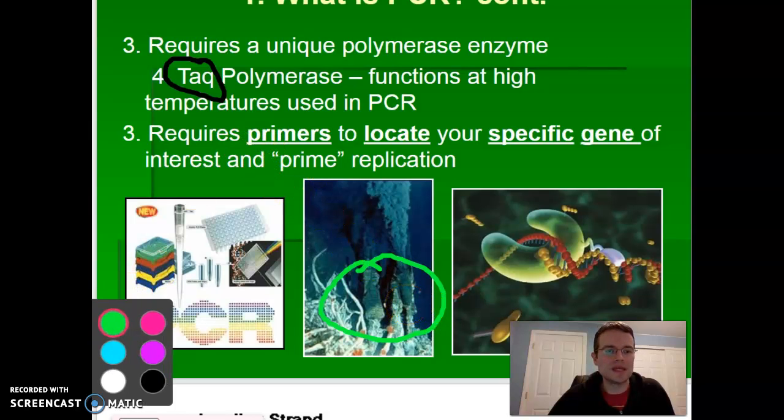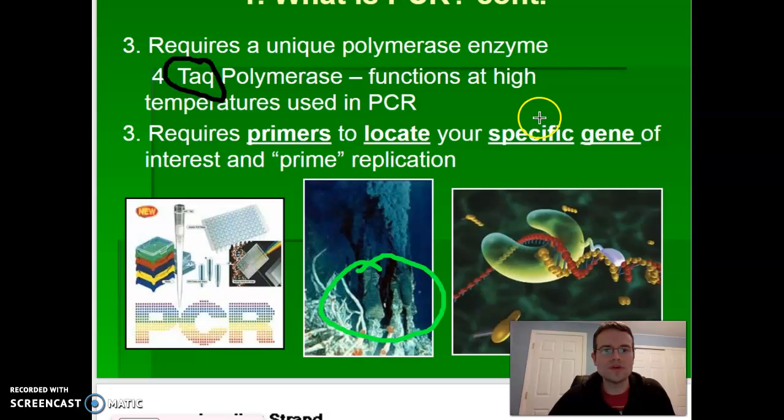That means that Taq polymerase is able to function at really high temperatures, which are used in PCR. If you were to put your DNA polymerase inside this PCR reaction, which we'll talk about in a little bit, it would just denature, break down, it wouldn't work at all. So what we need is an enzyme that works at really high temperatures, because PCR uses high temperatures, pretty close to boiling.